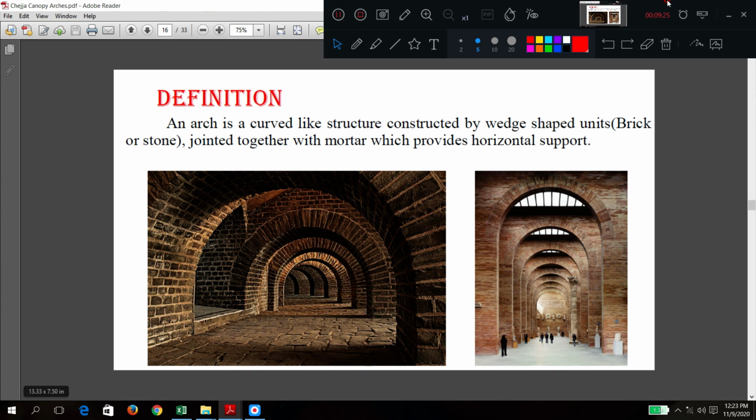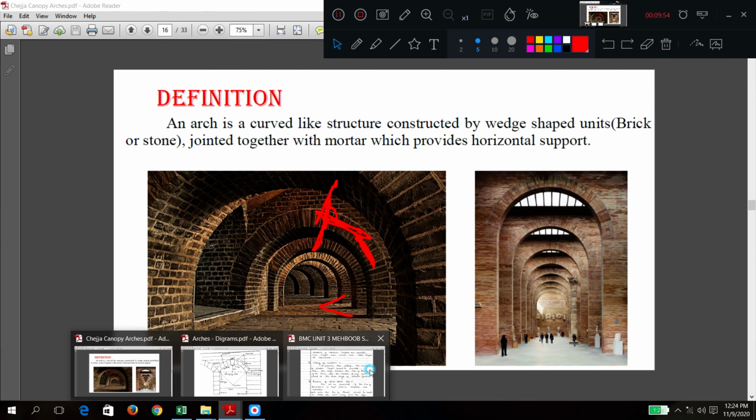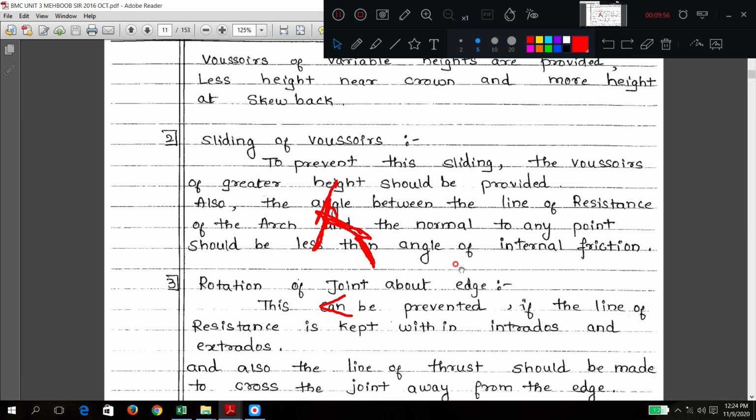According to this line of resistance, this is the normal. This angle should be less than the angle of internal friction.